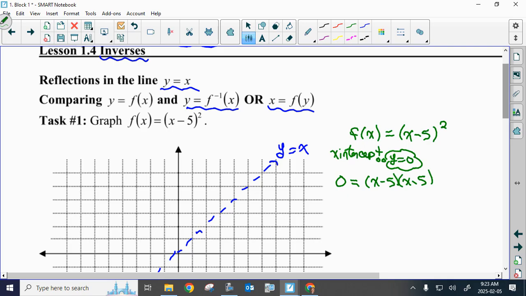So when we're finding our x-intercept and we insert y equals 0, we set each variable factor equal to 0, and I can see x equals 5. So I don't have to do it twice, it just means we have one x-intercept, not two. Right? And remember, parabolas can have one x-intercept. So I'm just going to plot this 5 and 0.